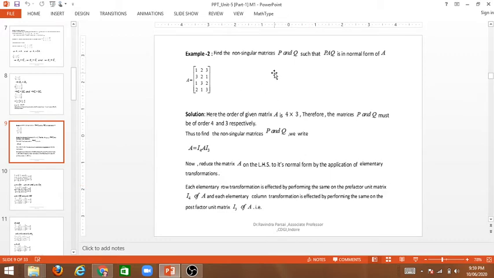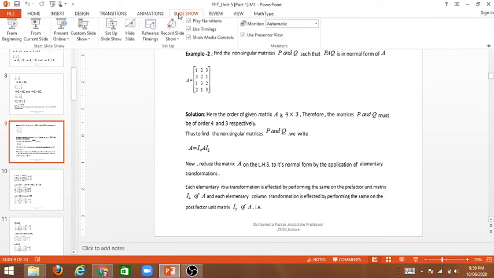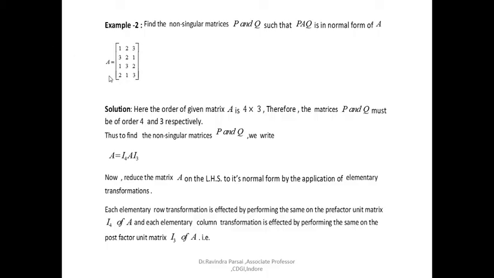So for this, our example is, suppose, the matrix 1 2 3, 3 2 1, 1 3 2, 2 1 3.